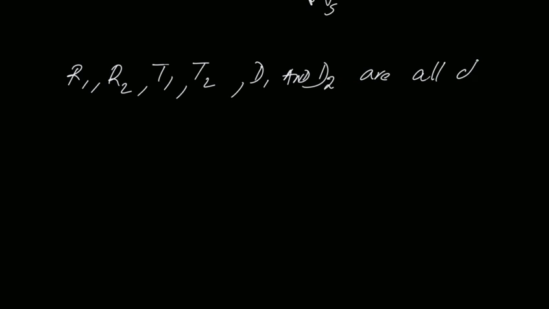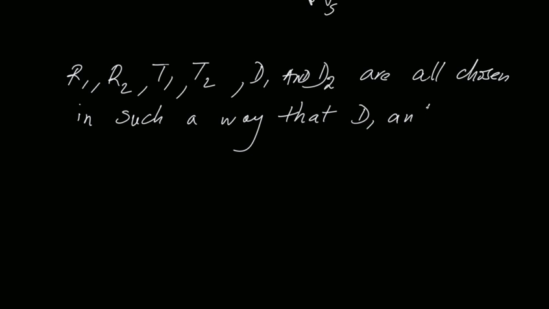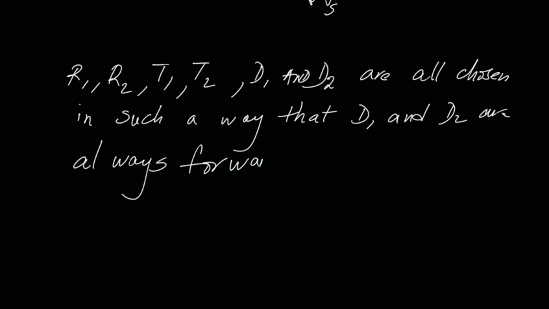R1, R2, T1, T2, D1, and D2 are all chosen in such a way that D1 and D2 are always, no exception, forward biased, no matter what Vin is.